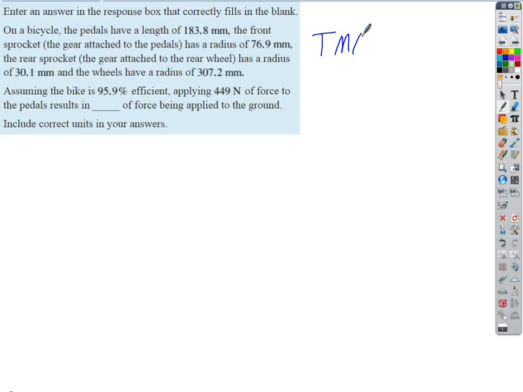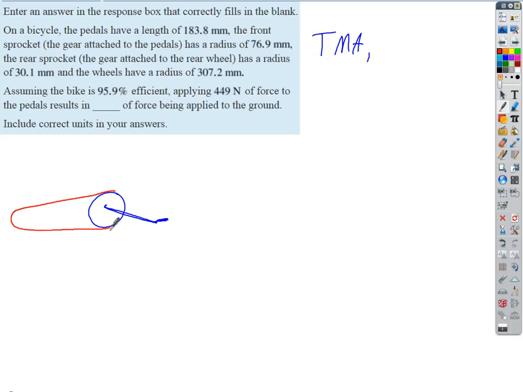Can you draw pictures to let me know? Sure. So here's the pedal. Right there's the center of the pedal, and there's the gear. And then the chain is just attached like that, right?